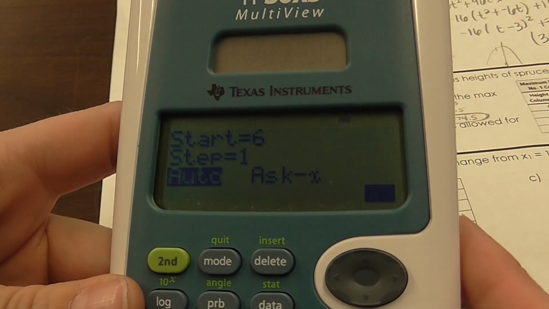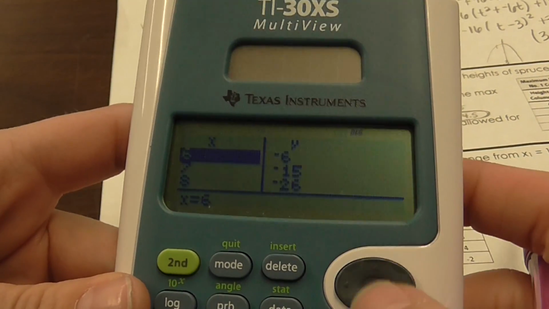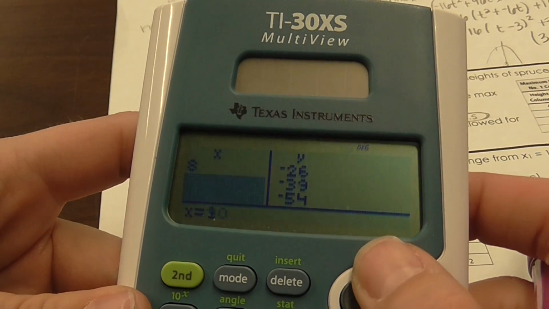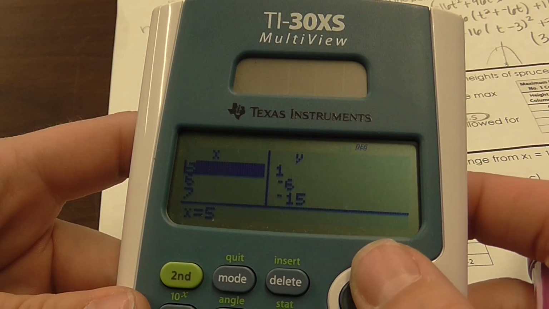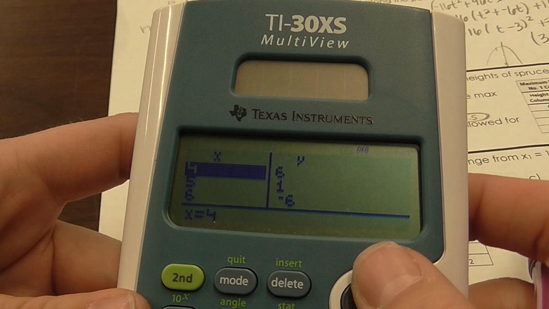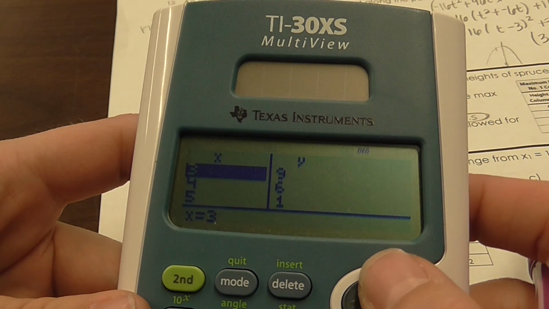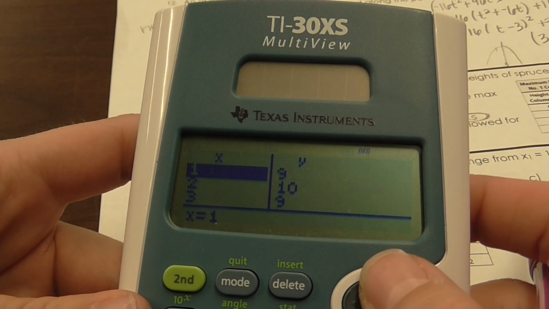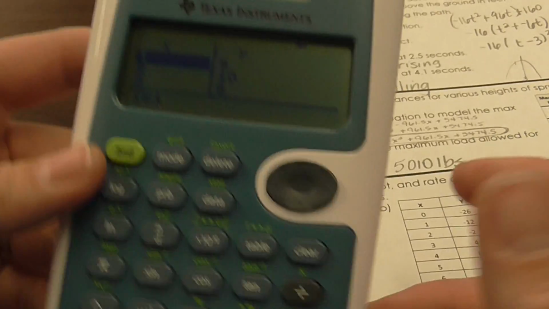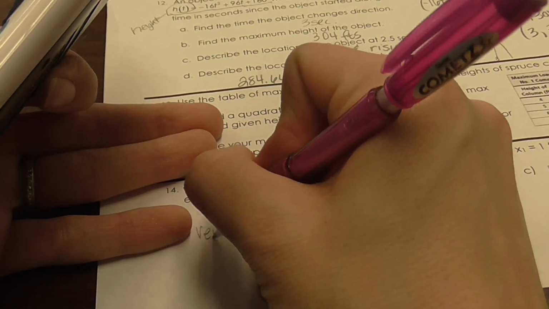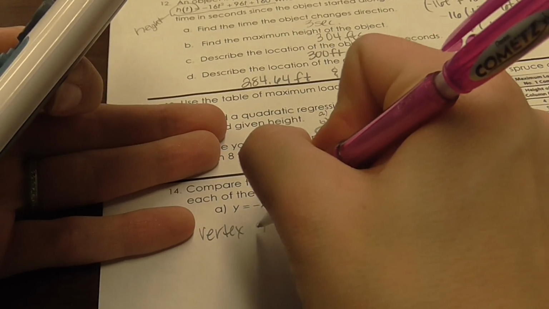Enter, enter, enter, enter. Now it's starting way up at 6. I don't see any kind of mirroring, and they're only getting worse, more and more negative. Wait, 6 to 1. Negative 6 and positive 6 don't count. Oh, there's a 9, 10, 9. They match each other, so your vertex is at 9, 10, 9.